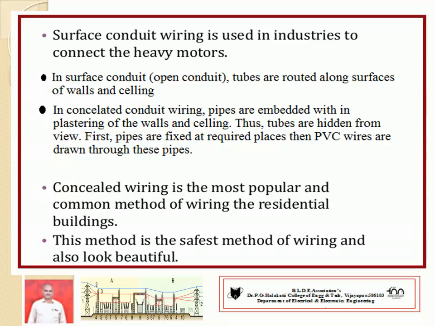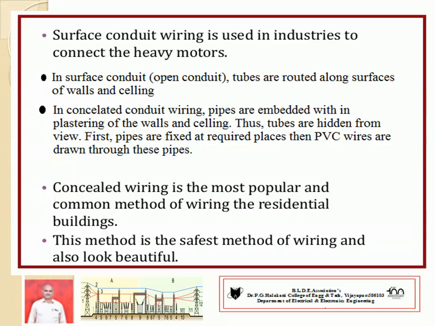The second one is more highly sophisticated, referred to as concealed conduit wiring. In this type, pipes are embedded in the plastering of walls and ceilings. In RCC structure, the pipes are fixed as per your wiring diagram or as per the requirement of power usage.